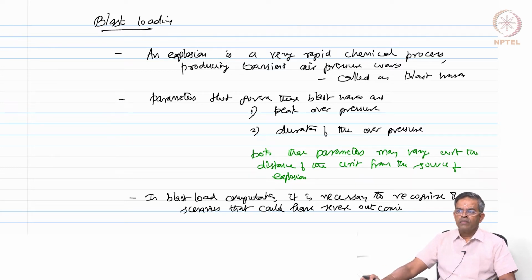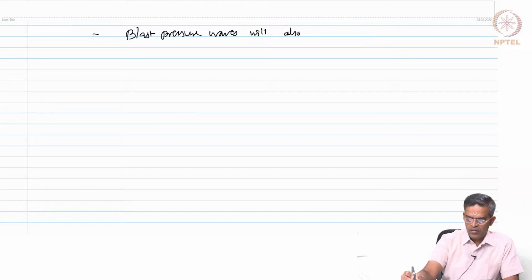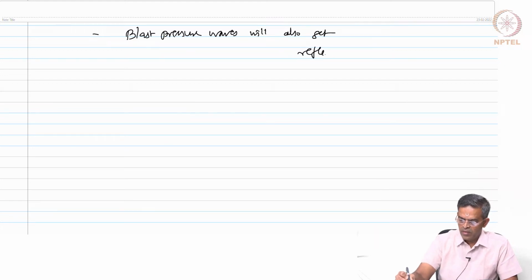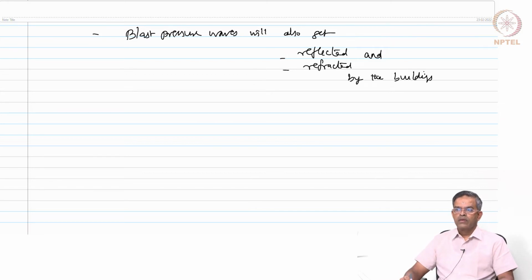Therefore, friends, the blast pressure waves will also be reflected and refracted by the buildings. Blast waves are very intrusive and all sides of the structure can be subjected to overpressure.